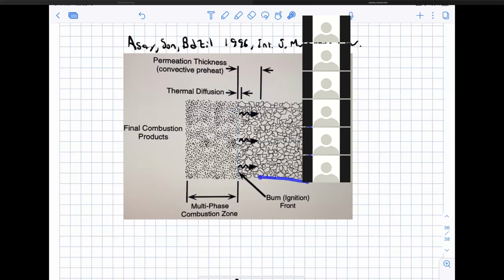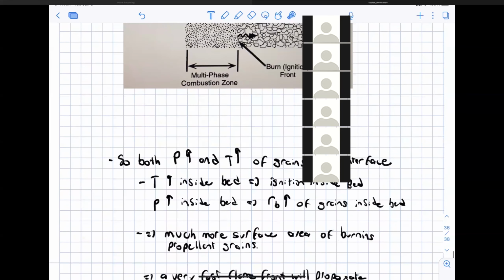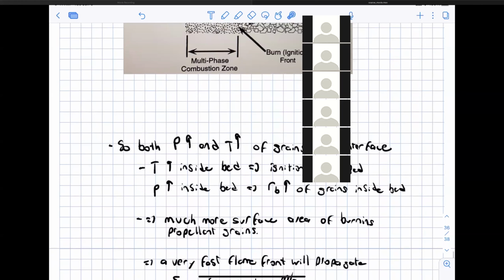And so what we'll do when we start to cover multi-phase combustion is to describe the equations that you could use to simulate convective burning. But obviously, I can't give you any homework problems on that, just because that would be a PhD thesis type of work.